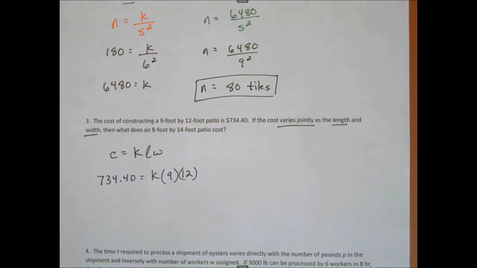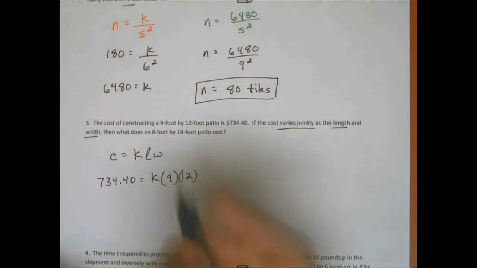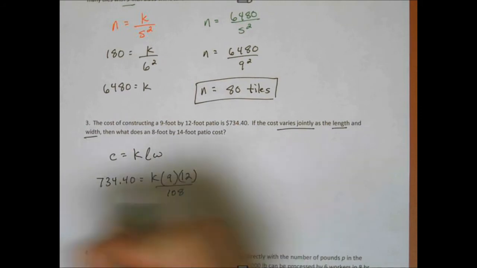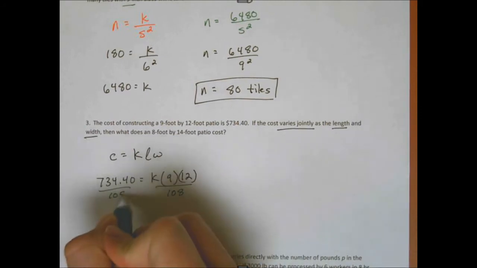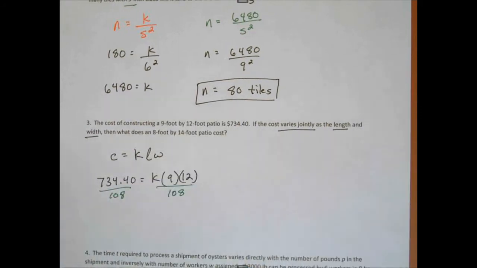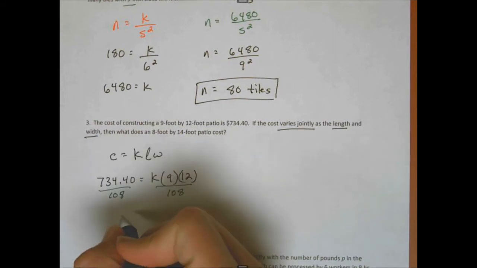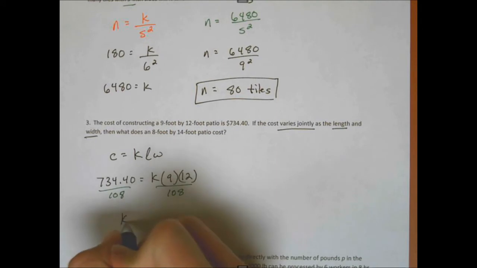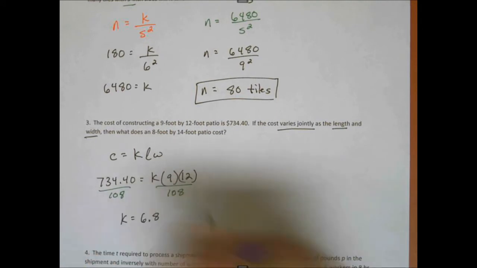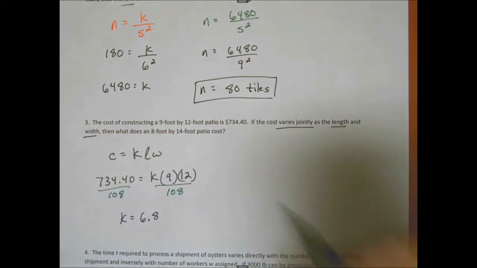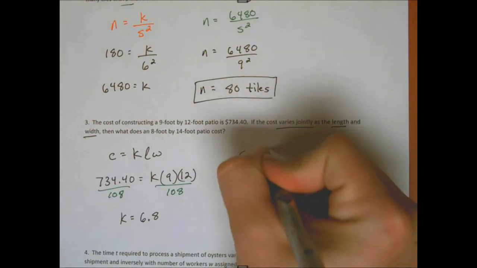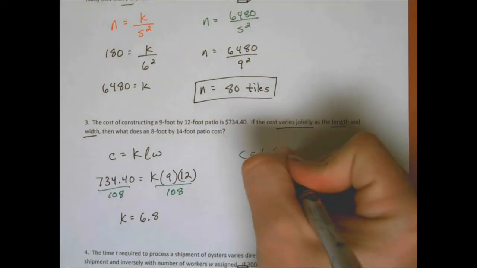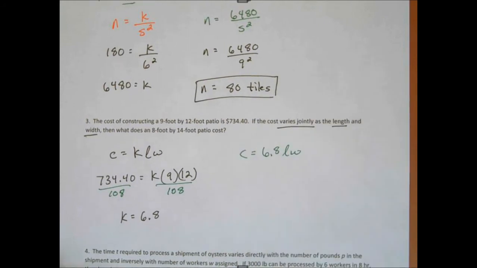So we can divide by 108, since 9 times 12 is 108, to solve for k. That gives us 6.8 for k, and that also gives us our equation. So C is equal to 6.8 times the length times the width.